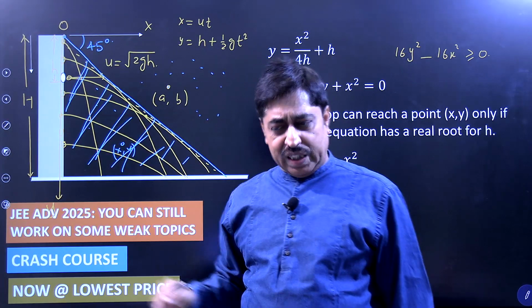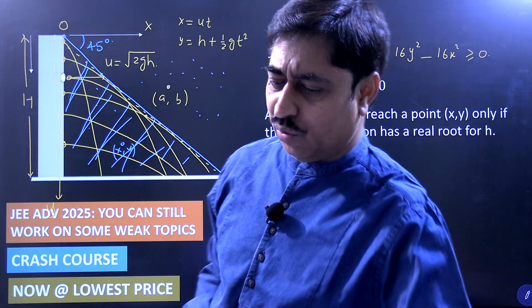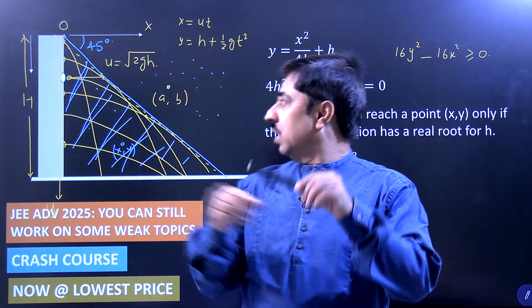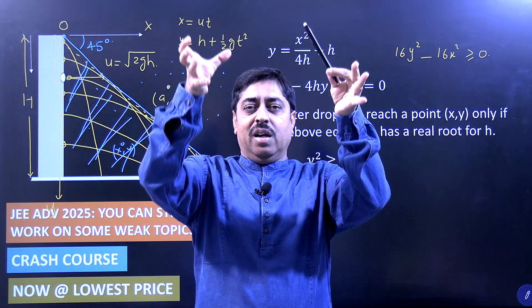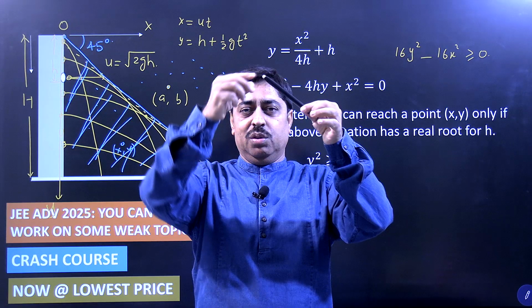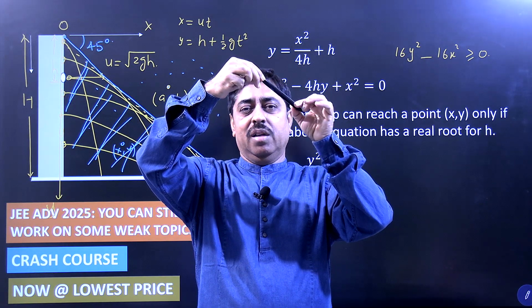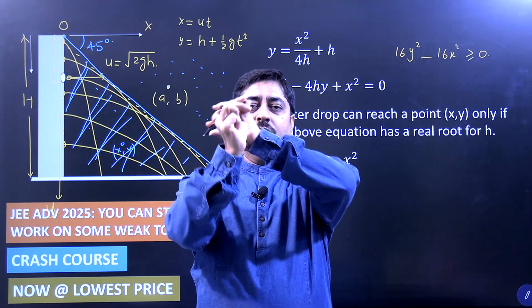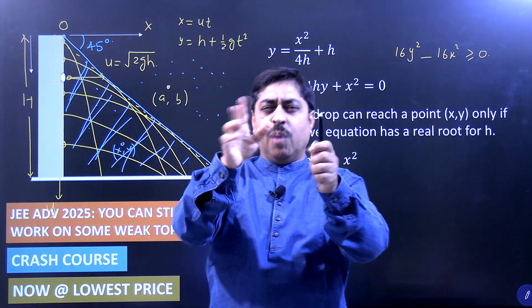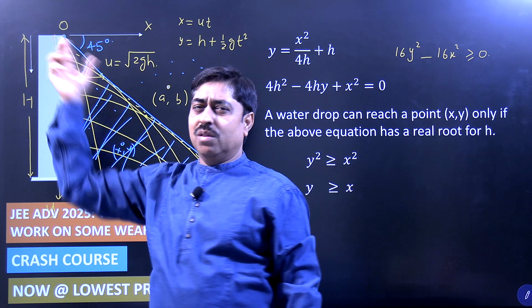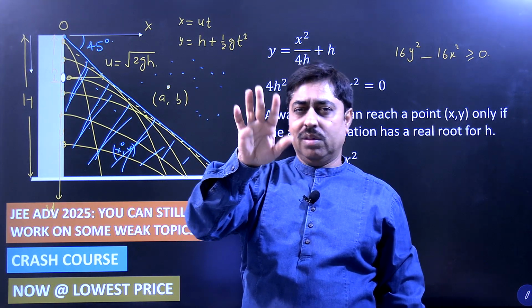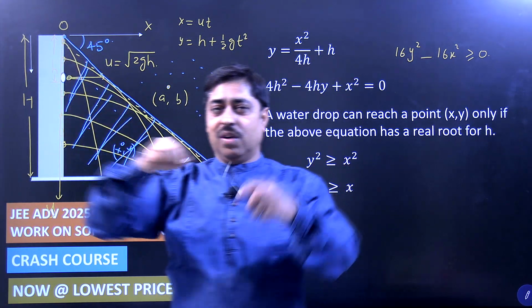Now, if you extend this to a 3-dimensional case, this is the 45 degree blue line, and because it is a cylindrical tower, it is throwing water in all directions. So, just rotate this line about the vertical, making an angle of 45 degrees. For a moment, just for the sake of simplicity, assume that this cylindrical tower has no thickness.